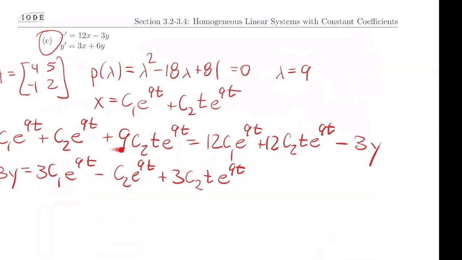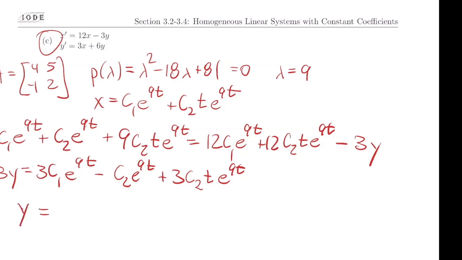So this would be x prime is 12x minus 3y. And then the goal is to solve for y. So I can bring the y over here, bring all these other terms to the other side. And we've got 3y is equal to 3c1 e to the 9t minus c2 e to the 9t plus 3c2t e to the 9t. And then we could just divide by 3.